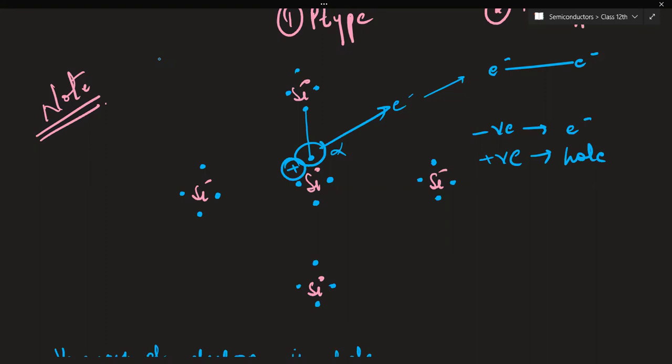Then let's start with intrinsic semiconductors. Do one thing, note down these two points.